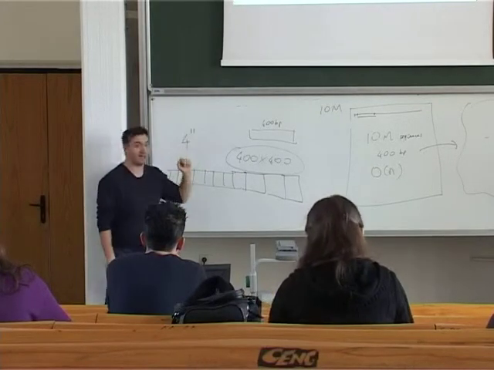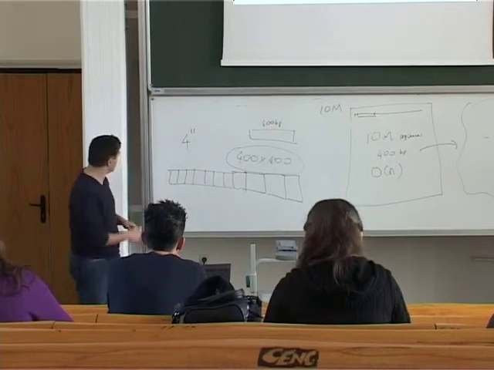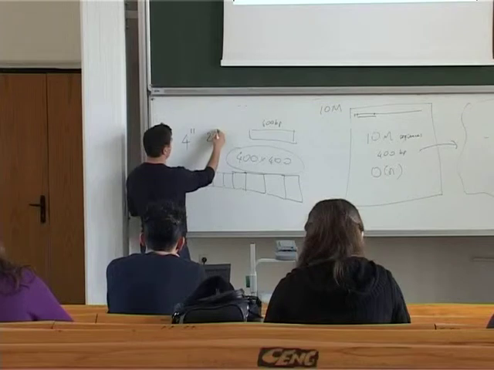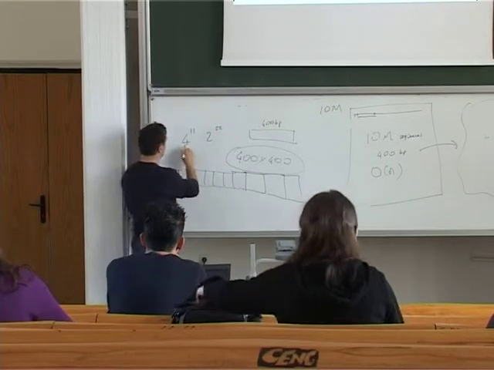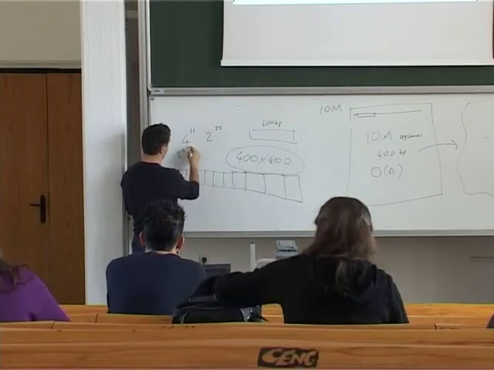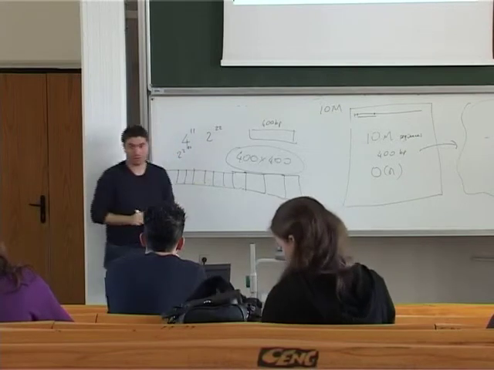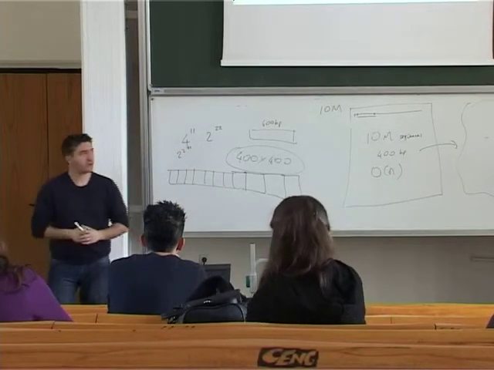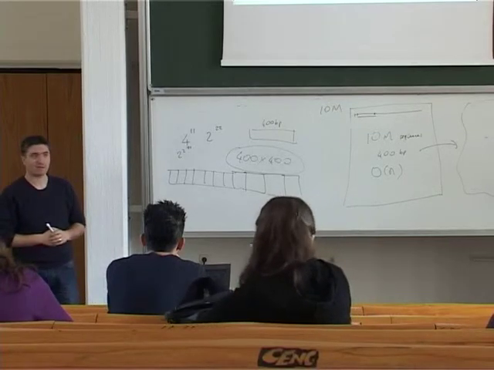It's 4 to the 11. So it's a manageable number. 4 to the 11 is like 2 to the 22. So what is it? It's like 1 million? Something like that, right?